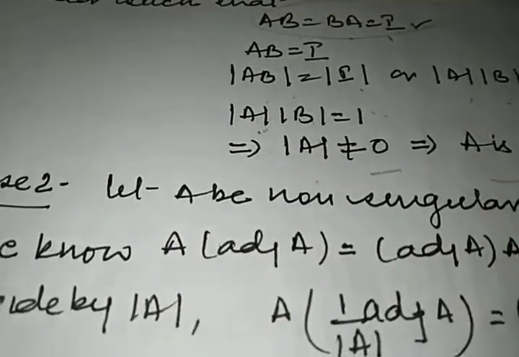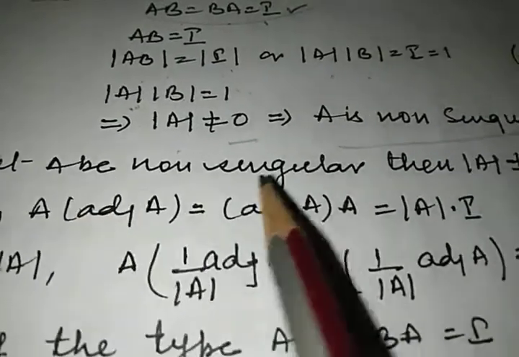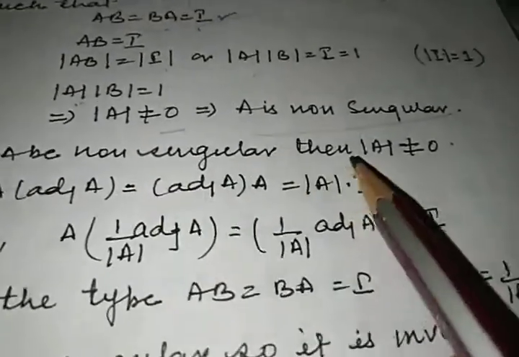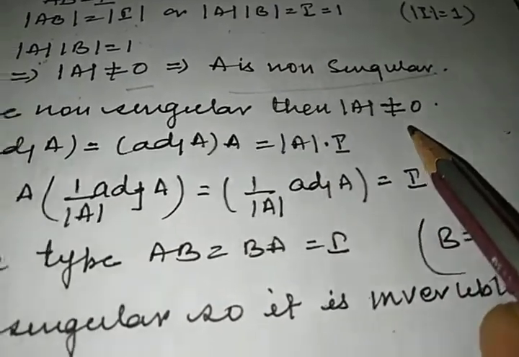Okay, now the converse method. Now we take A to be non-singular. So A is non-singular, that implies determinant A will not be equal to 0.